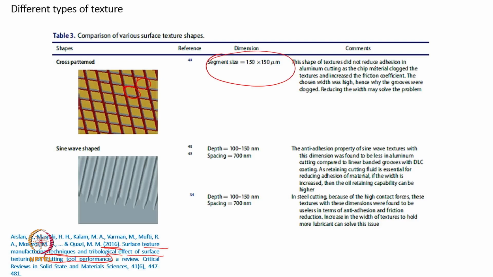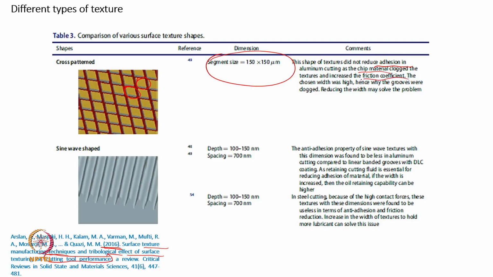This texture surface is not able to reduce adhesion, particularly for aluminum cutting, the reason being that the aluminum chips clog this kind of texture itself. So, there is no room available, and this texture gets spoiled very fast.